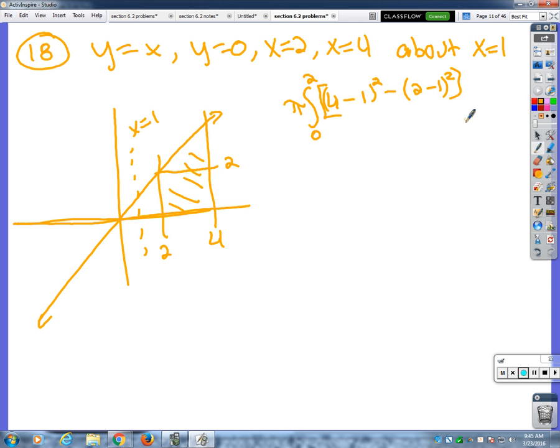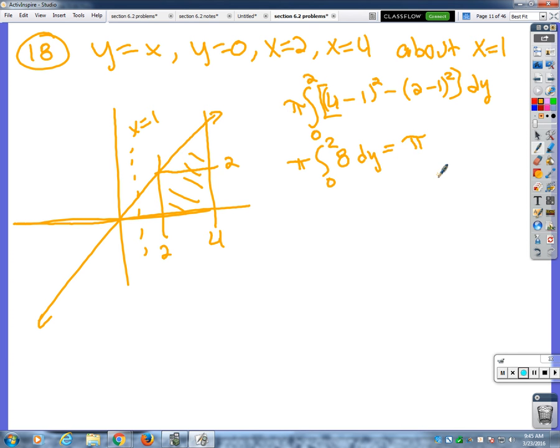So we've got a couple of cylinders, and we're taking the whole cylinder minus the inside cylinder, so we wouldn't even really have to use calculus to do this. That's going to be pi from 0 to 2 of 9 minus 1, which is 8. 4 minus 1 is 3, and 3 squared is 9. 2 minus 1 is 1, and 1 squared is 1.